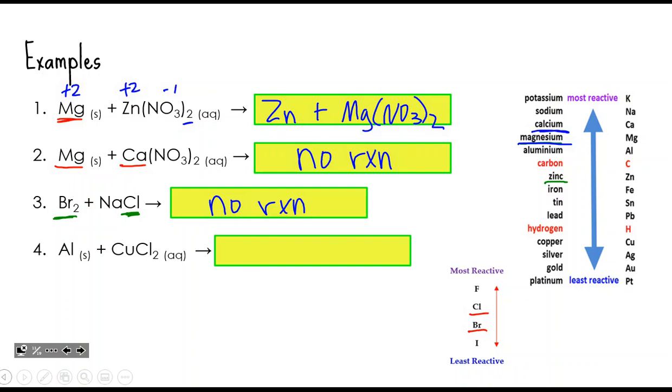Let's look at the last example here. We have aluminum and copper(II) chloride there. So what is the aluminum going to switch with, the chloride or the copper? Is aluminum a metal or a non-metal?